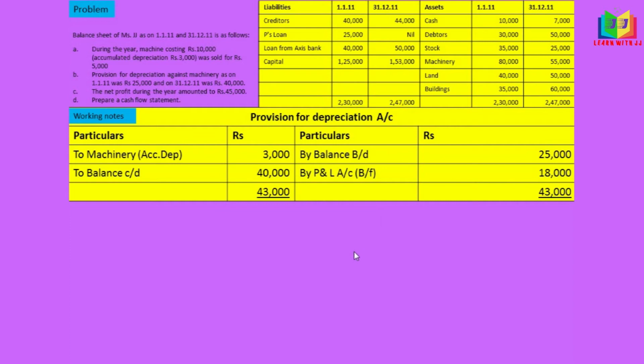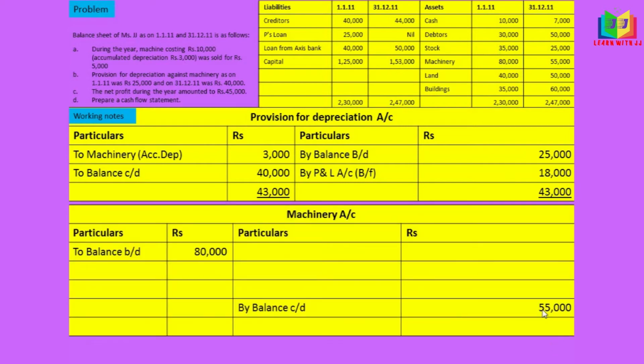We'll see how to prepare that machinery account here, okay. The opening balance is 80,000 and the closing balance is 55,000, okay. The opening balance is to be written on the debit side and the closing balance on the credit side. Yes, and with regard to this machine, we have a sale of machine, no. 5,000 is the sale of machine. That also we'll write here. Sale is 5,000 and we also have loss on sale, right? We found that the book value was 7,000 because the cost is 10,000 and accumulated depreciation is 3,000.